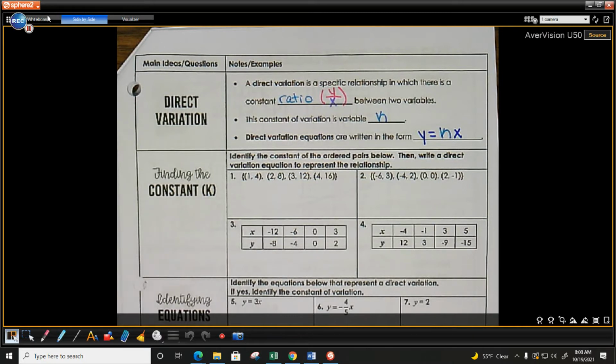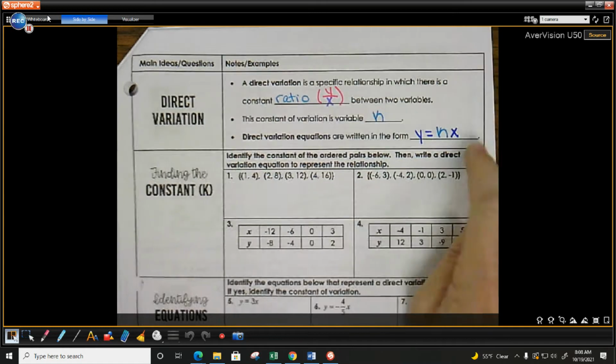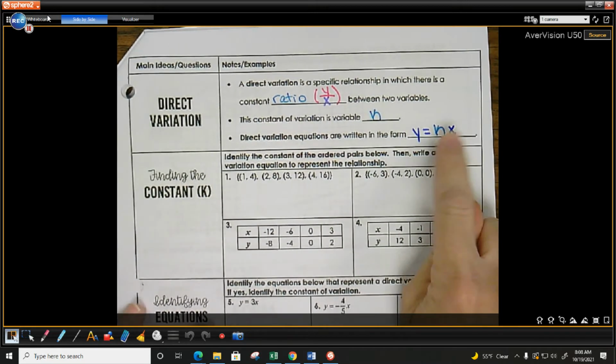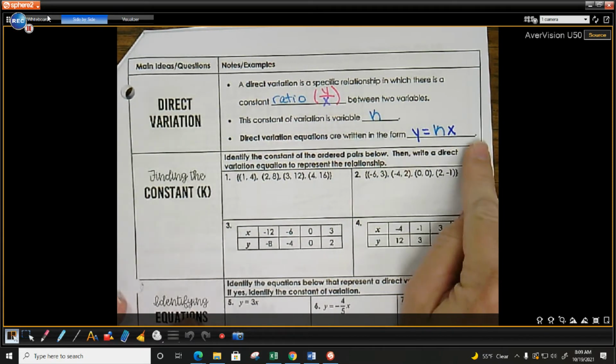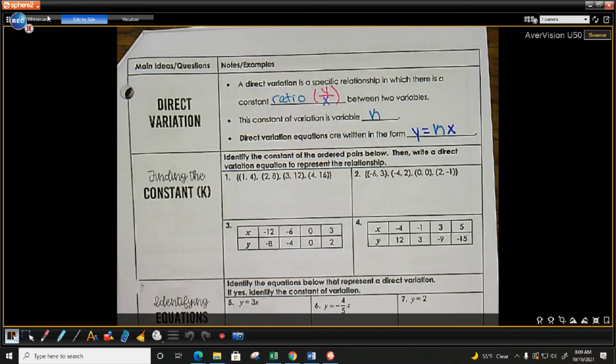Again, it's just a linear function that doesn't have a b value. So your k is essentially your what? Your slope, your m. So direct variation is just a linear function that has a b value of 0.